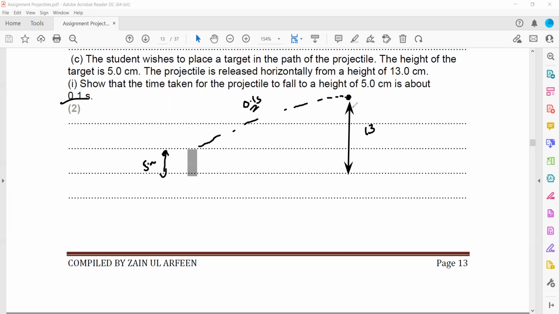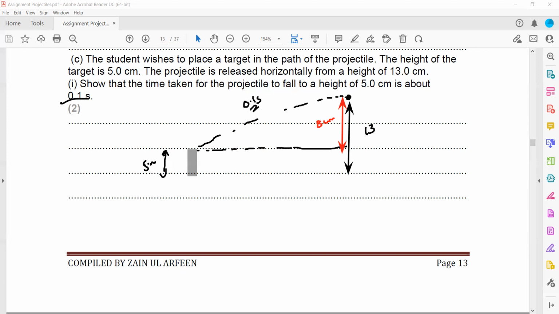Because we always take how much change in height there is. If the total is 13 and this is 5, what height is changed for the projectile when it is launched from an overall height of 13? The change in height will be 13 minus 5, which equals 8. So we have to show that to cover 8 centimeters of height, it took only 0.1 seconds.